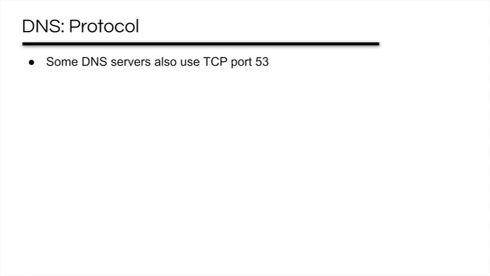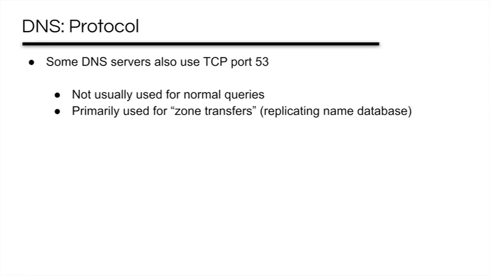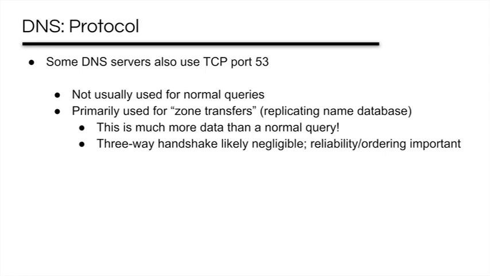So some DNS servers also use TCP port 53. It's not usually used for normal queries. It's primarily used for what are called zone transfers, which is when you're replicating the name database. The notion there is that this is much more data than a normal query, right?